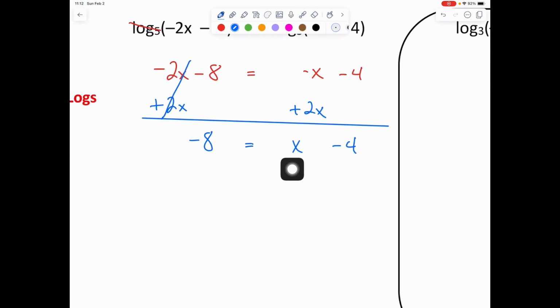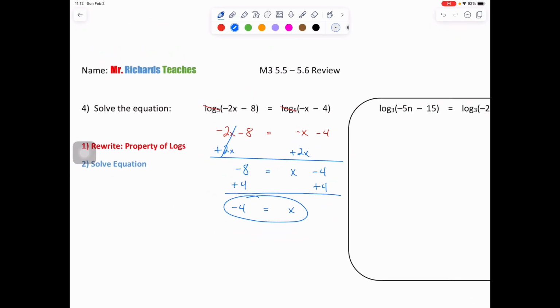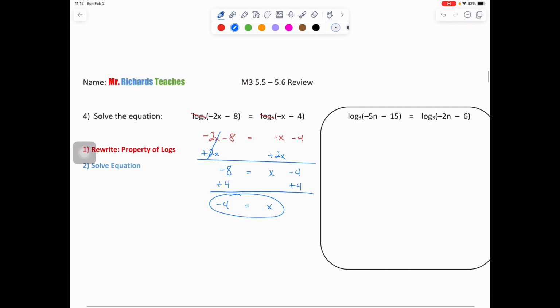Now we need to get that x variable alone. What's hanging out on the same side of the equal sign is that minus 4. Yes, we will add 4. What we do to one side, we do to both. Negative 8 plus 4 is negative 4. Bring down the equals, bring down your x, and circle your answer. So go ahead, and again, if you'd like to try it, pause it, and go ahead.